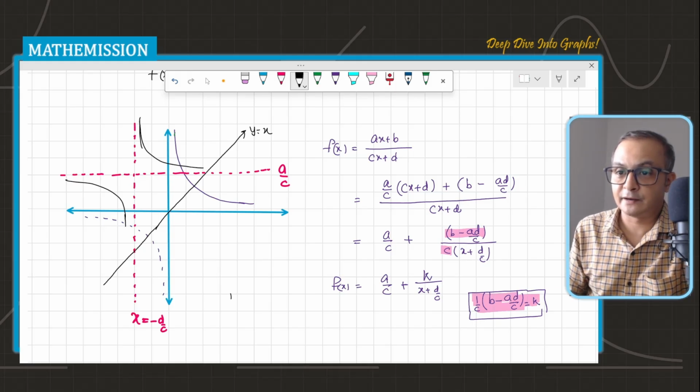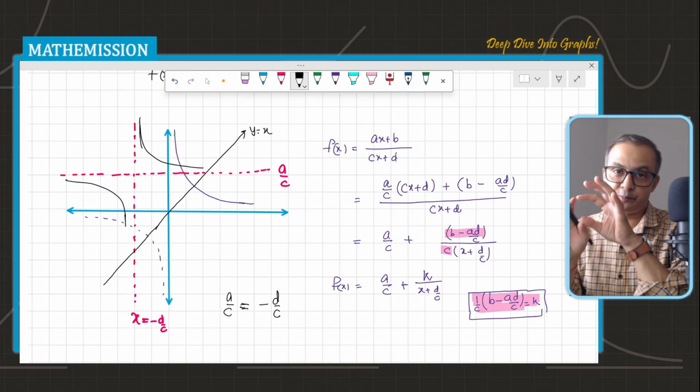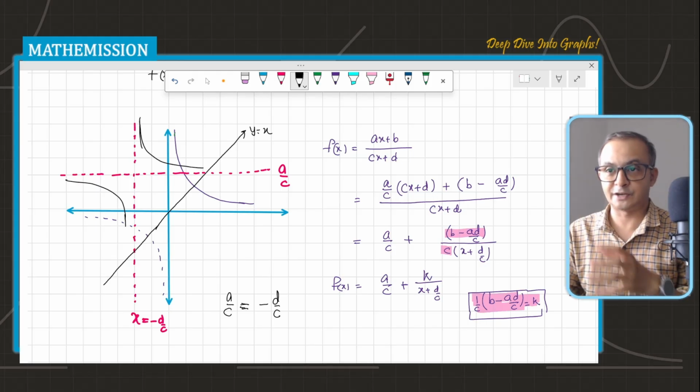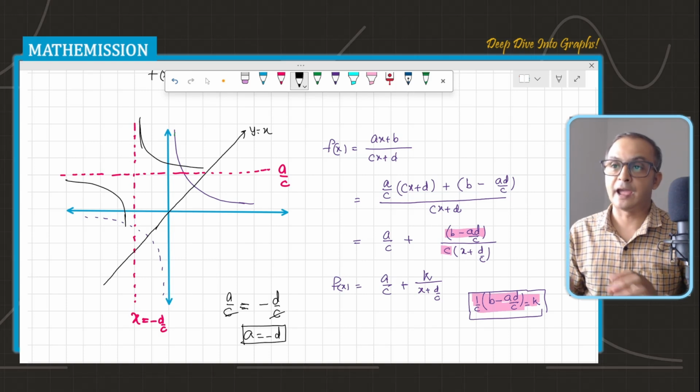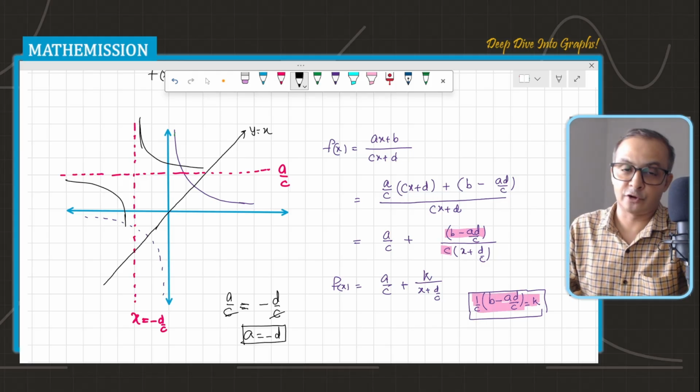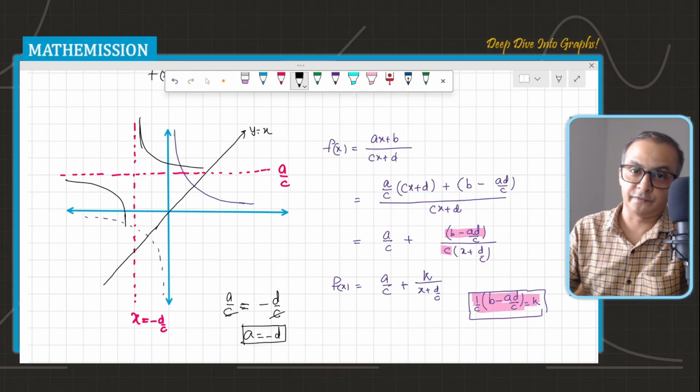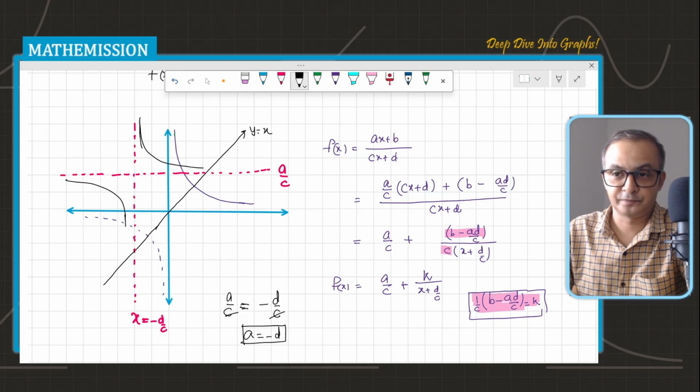So I can say that a by c must be equal to minus d by c. Then only the graph will preserve its symmetry about y equals x. And so a is equal to minus d, or a plus d is equal to 0, as you remember for this kind of functions, for f(f(x)) equals x.